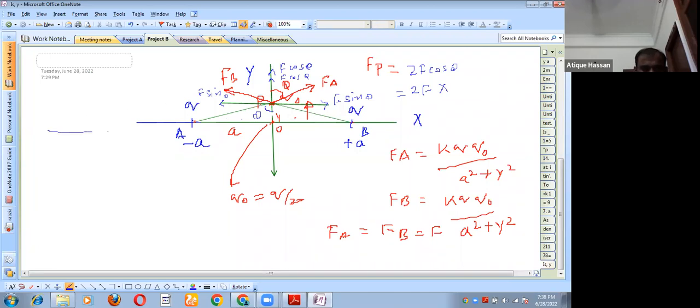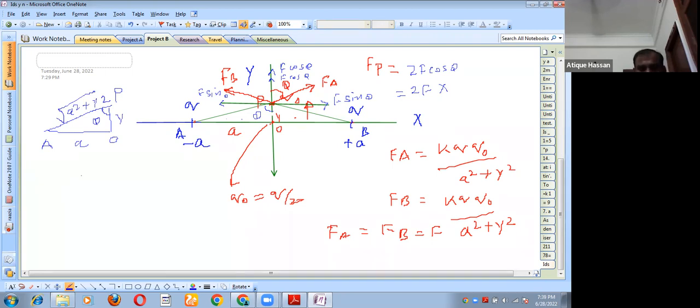If you see this triangle, it is A, O, and P. This angle is theta. This value is A, this value is y, and this value is under root A square plus y square.